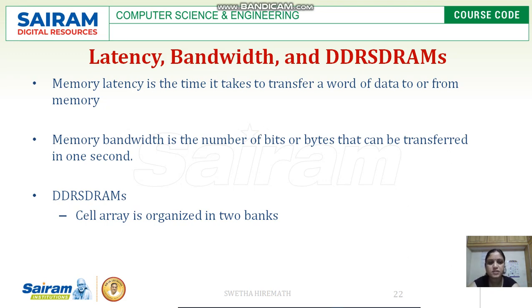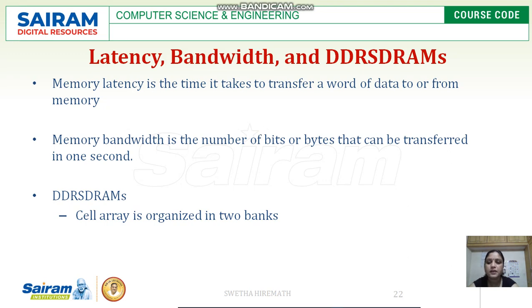These DRAMs always sent the data only when the clock signal was high. But here, in order to double the transfer of data, we are going to consider both the low value and high value of the clock signal.